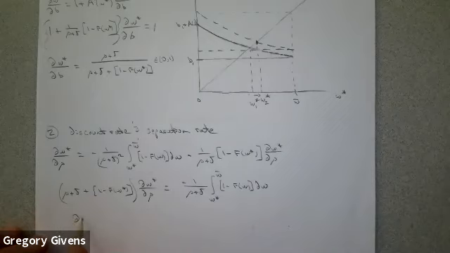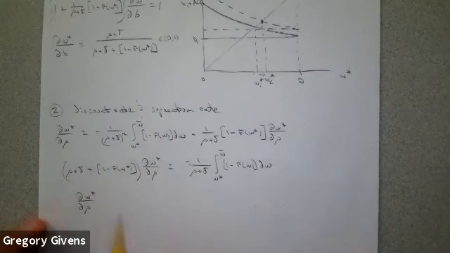you're going to find that the partial derivative of W star with respect to rho, which by the way will be equal to the partial derivative of W star with respect to the separation rate.